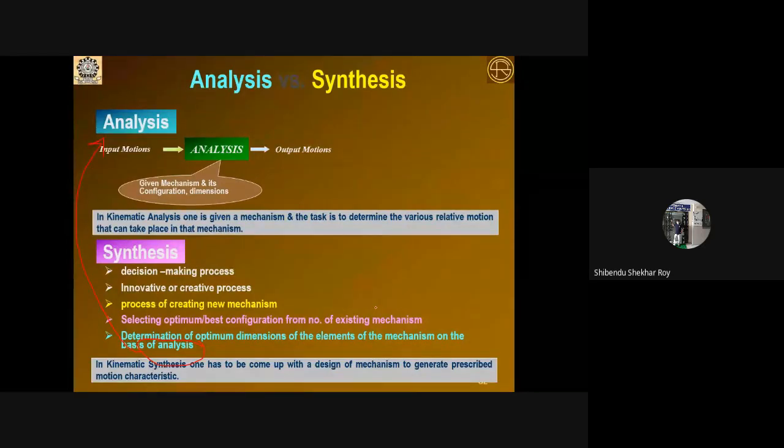And how much the RPM of the motor is, and how you will convert that RPM or rotary motion of the motor to the linear motion of the slider with proper or desired motion characteristics. So in kinematic synthesis, one has to come up with a design of a mechanism to generate the desired or prescribed motion characteristics of the different links of a mechanism.